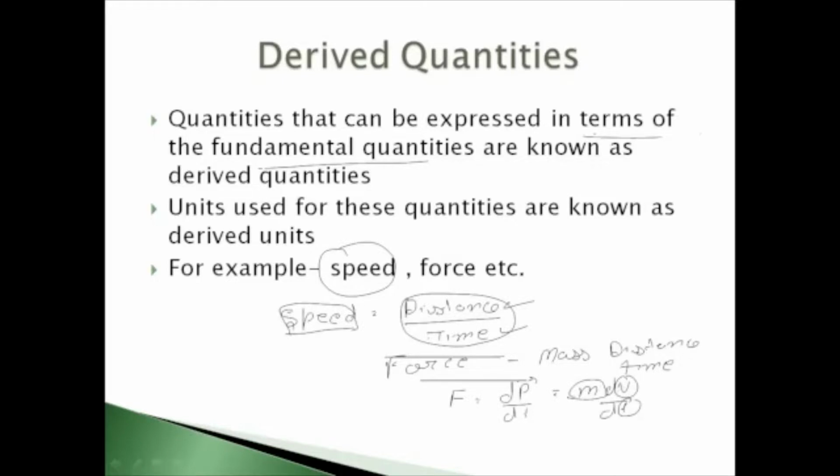So when we break this down further, we get mass, distance and time. So to define force, we need other fundamental quantities, which are mass, distance and time. So what are derived quantities then? The quantities which can be expressed in terms of fundamental quantities, and the units which are used to define these derived quantities are known as derived units.